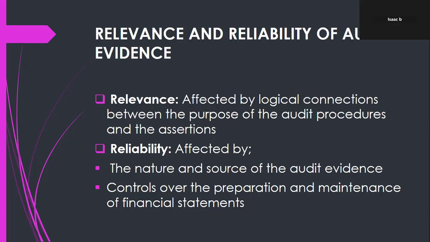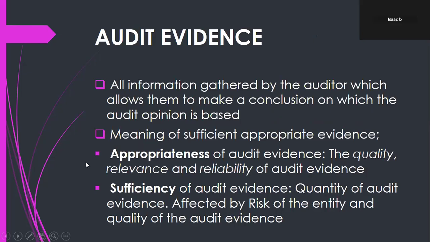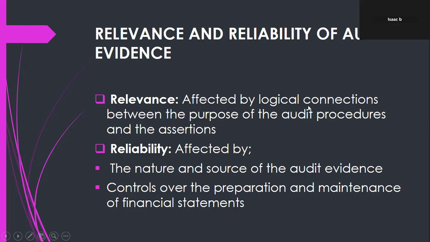No questions. Okay, so let's look deeper into relevance and reliability of audit evidence. Relevance is affected by the logical connection between the purpose of the audit procedures and the assertions.